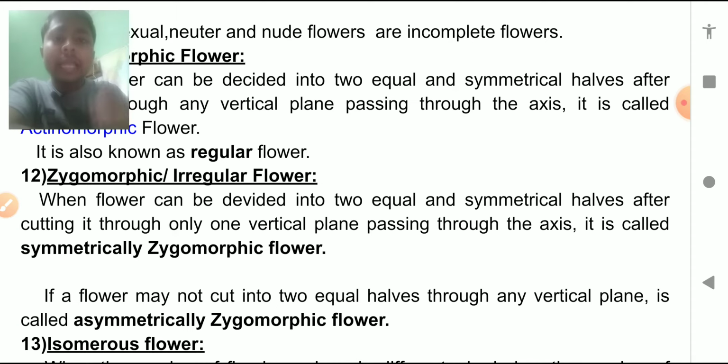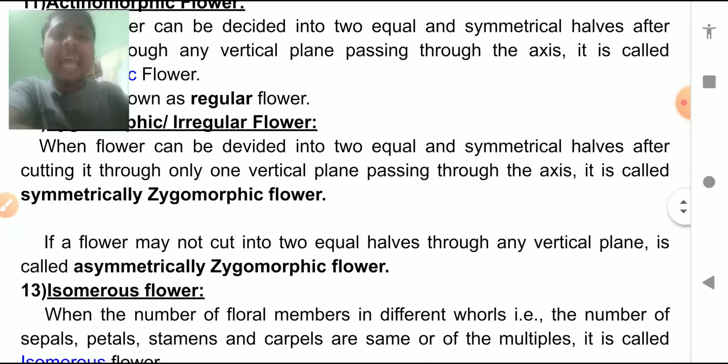And at the same time, we discuss the asymmetric zygomorphic flower. What is an asymmetric zygomorphic flower? When a zygomorphic flower, meaning an irregular flower, cannot be cut into two equal halves with any vertical plane, then it is called an asymmetrically zygomorphic flower.